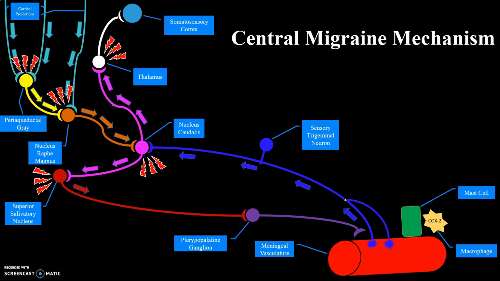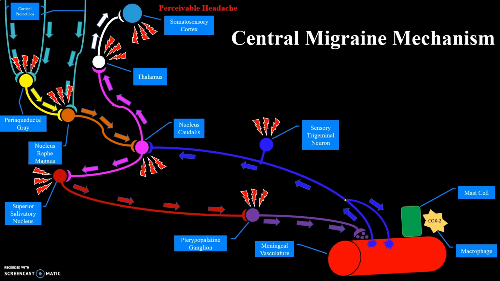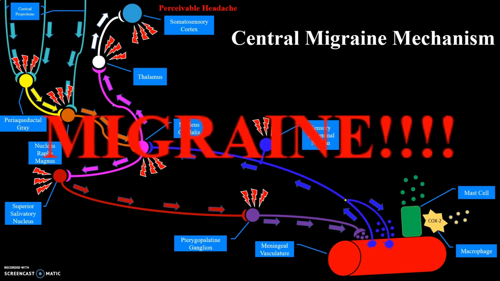And now in the same exact way, the signals propagate up the thalamic pathways to the cortical pathways, causing a perceivable headache. At the same time, it also is exciting and stimulating the superior salivatory nucleus, which then transmits to the pterygopalatine ganglion, and then you get the release of those nitric oxide and acetylcholine and different things at the junction there, which then causes an inflammatory response and a migraine occurs.